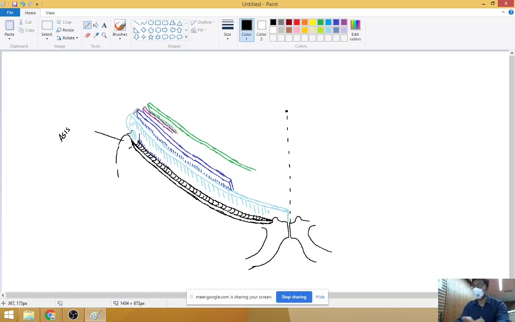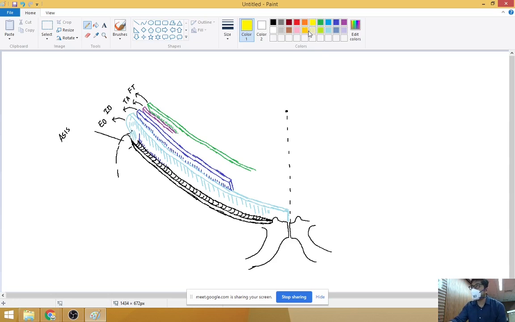Understand till here? So this is the external oblique, this is the internal oblique, this is the transversus abdominis, and this is the fascia transversalis.